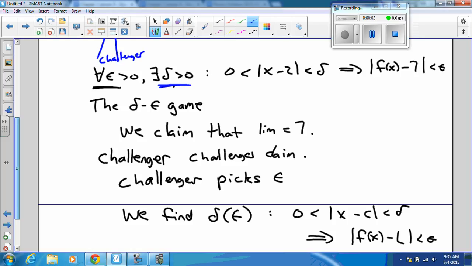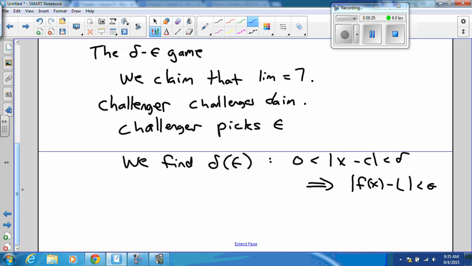In other words, we are going to play the role of there exists a delta. So the challenger picks any epsilon, and then we are going to find a delta. Okay. Now here's the thing. The challenger is going to pick one epsilon, right? And that epsilon, maybe it's 0.1, maybe it's 0.01, is an example.